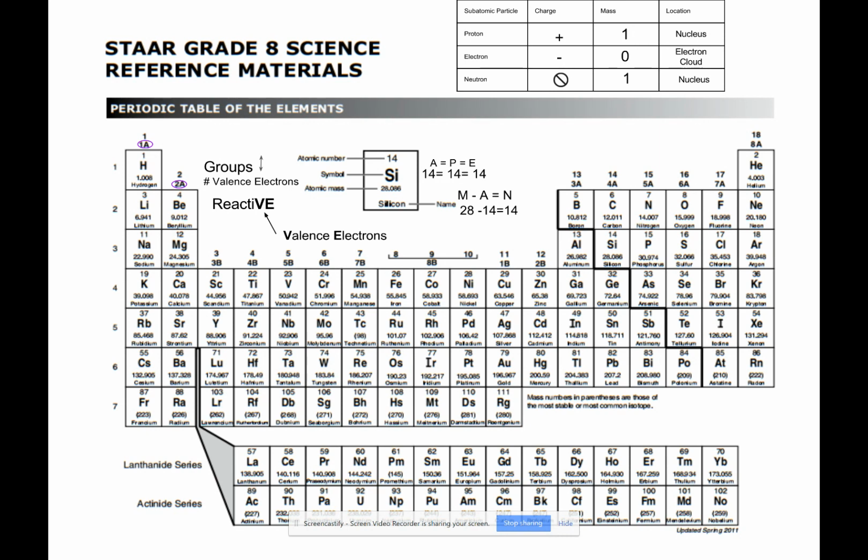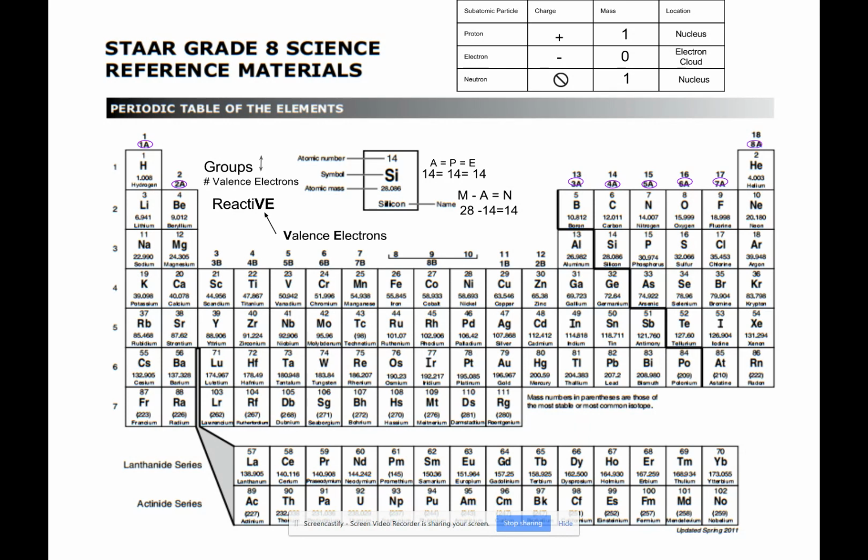Elements in group 2 have 2 valence electrons. Elements in group 13 have 3. Group 14 elements have 4 valence electrons. Group 15 elements have 5 valence electrons. Group 16 elements have 6 valence electrons. And group 17 elements have 7.